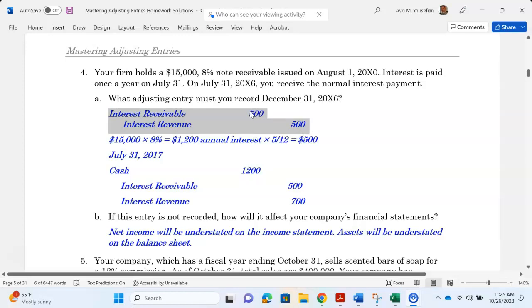So if your revenue is understated, that means your net income will be understated in the income statement. And if the net income is understated, that means the retained earnings in the balance sheet will be understated. So in the balance sheet, asset is understated, revenue is understated, that means retained earnings will be understated. So your equation is still equal, but it's wrong. Make sense?